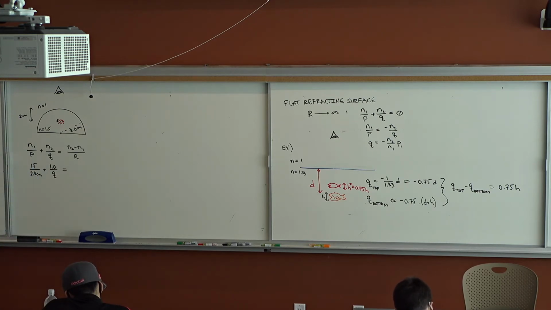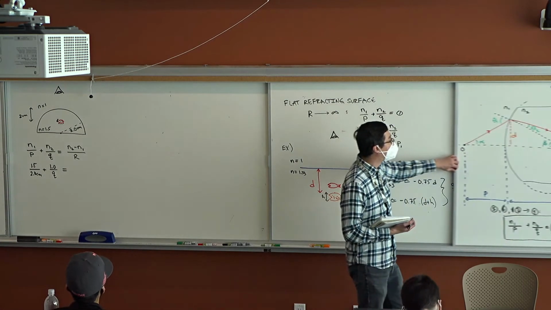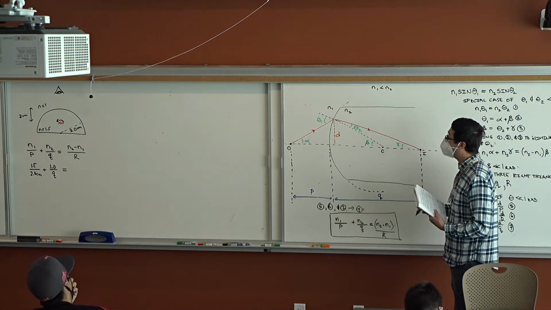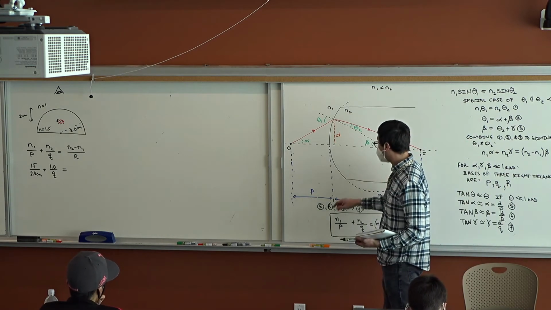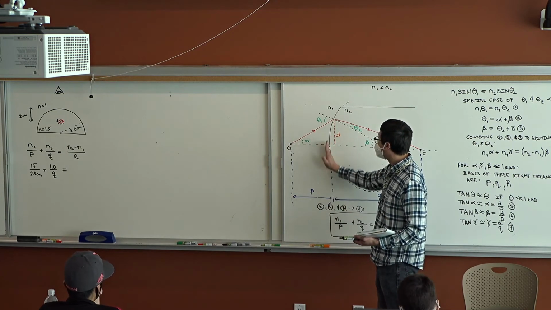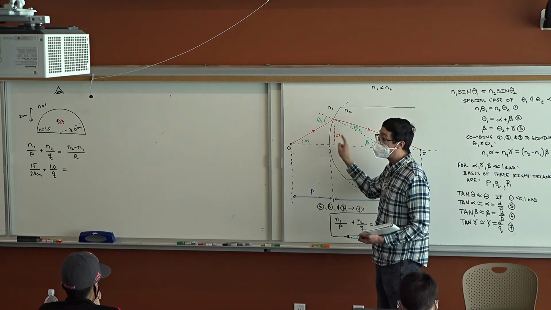The P was from wherever you're watching, but it's from the actual object to the surface. Coming back to this horrible drawing, remember that P is the distance from the object to the boundary between the two media.